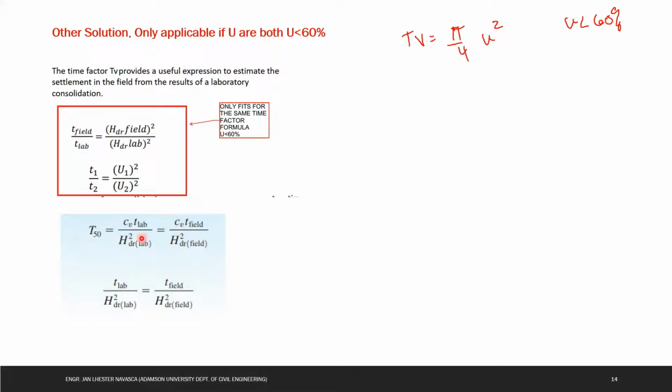T sub 50 is the same, C sub V is the same, so you can cancel out C sub V. What you have left is this expression: T lab over H sub DR squared in the laboratory is also equal to the time in the field over the square of the height of drainage in the field.